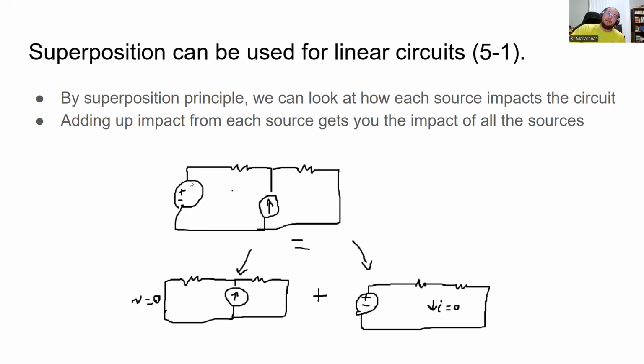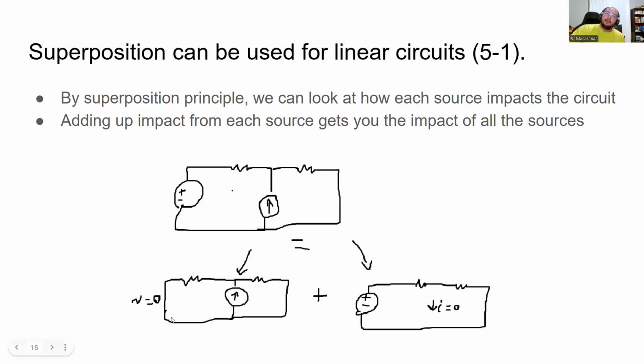Whenever we zero out a voltage source, that's the same as replacing it with a short, because whenever we have a short, there's no voltage drop across it. And likewise, if I zero out the current source, I replace it with an open because there will be no current flowing through an open. I just completely rip it out of the circuit there.